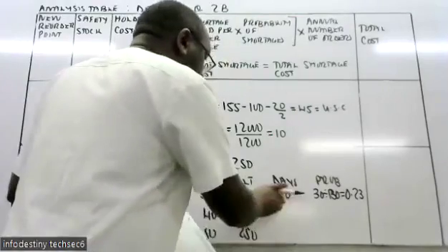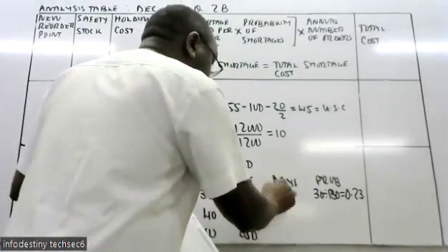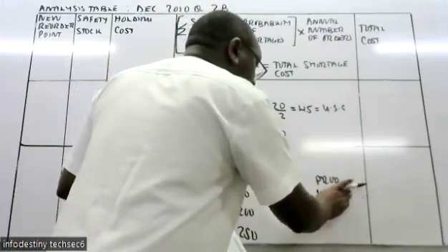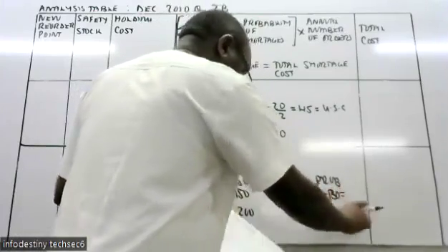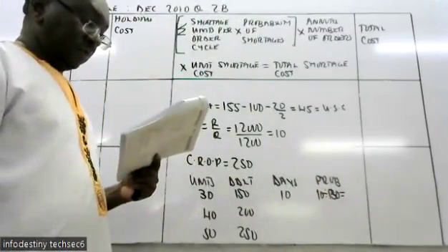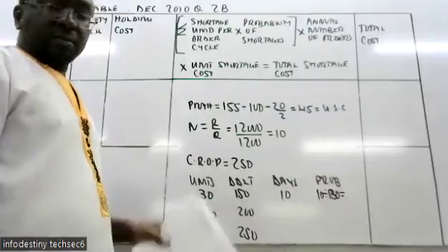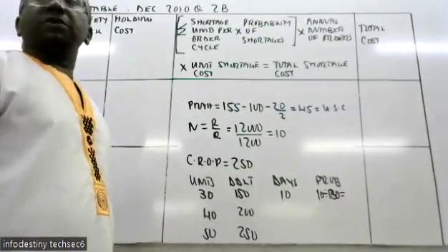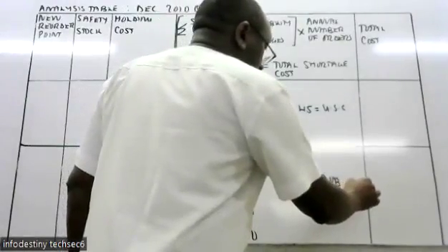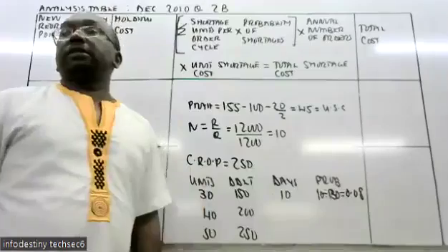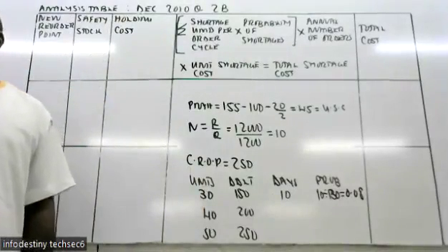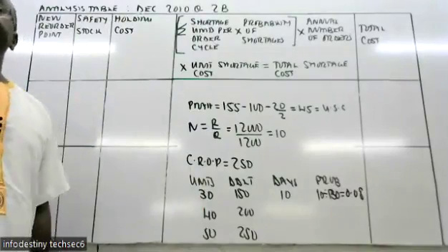Sorry, it should have been 10. Sorry for that. So rectify: it is 10, you divide by 130. Two decimals. 0.077, so we work with 0.08. I want us to use two decimals, but in the exam, you're free to use whichever number you want.